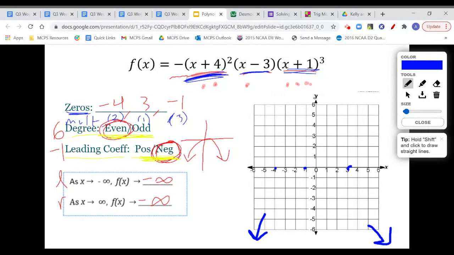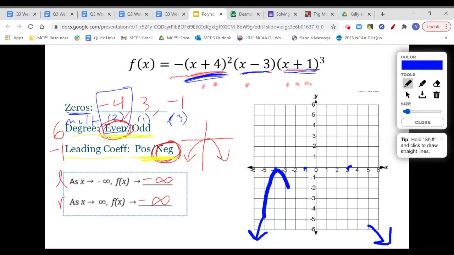Now, where this affects our graph is that with even multiplicity, you will be bouncing off your graph. So we have even multiplicity here at -4. So at my very first x-intercept, I'm going to be bouncing off instead of crossing through the x-axis. Now, my other two zeros have an odd multiplicity.